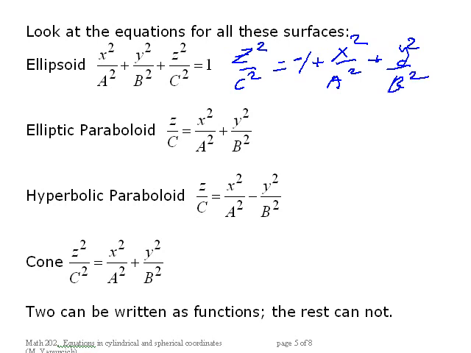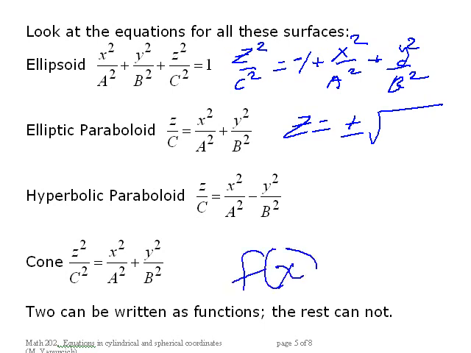But when I go to take the square root, I would have z equals plus minus the square root of a bunch of stuff. So for each value of x and y, I do not have a single value of z. Remember, for a function of x, an equation is a function if for each x there's only one y. In this case, for each pair x, y, there can only be one z.